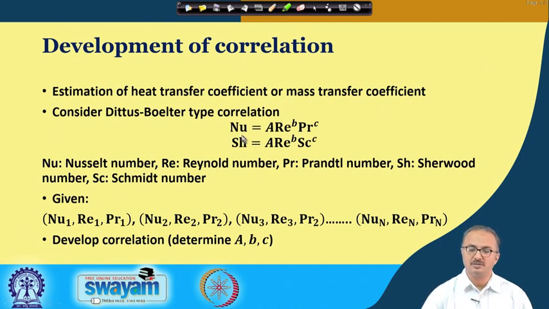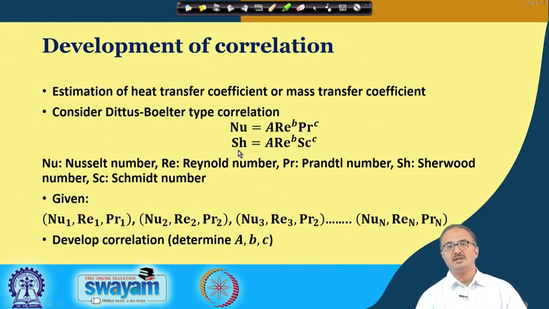Okay. So, in the case of the Sherwood number, it will be again a similar expression, but the heat transfer coefficient will be replaced by the mass transfer coefficient, and the thermal diffusivity will be replaced by the mass diffusivity or simply the diffusion coefficient.